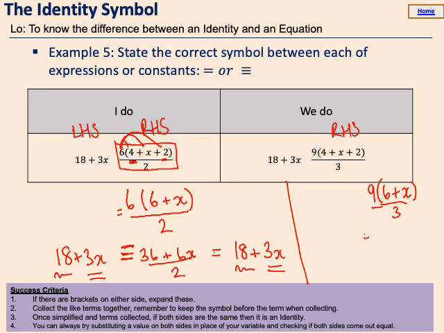So we end up with 9 times 6, which we get 54, plus 9x, all divided by 3. Not doing too bad for space. And then finally, 54 divided by 3 is going to give me 18.